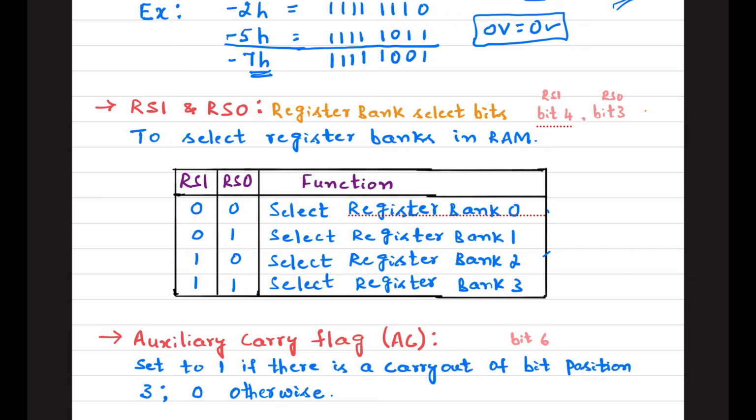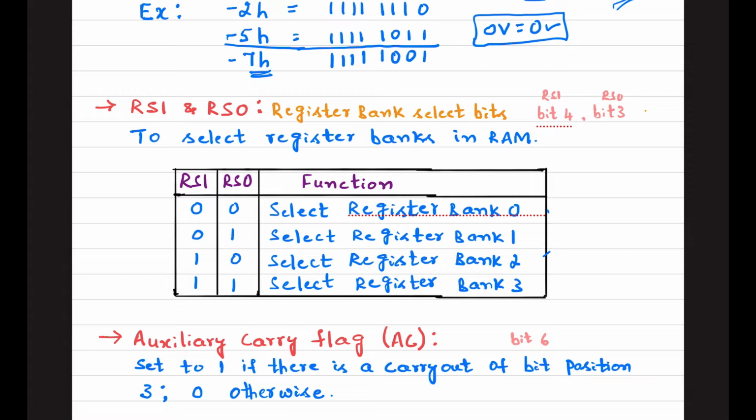If we want to use any other bank to store values, then we have to change the values of RS1 and RS0 as per our requirement. Then that particular register bank will be selected.